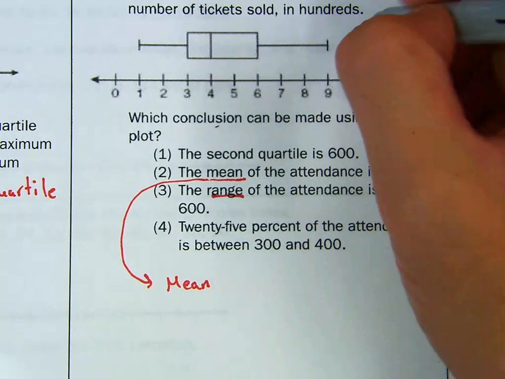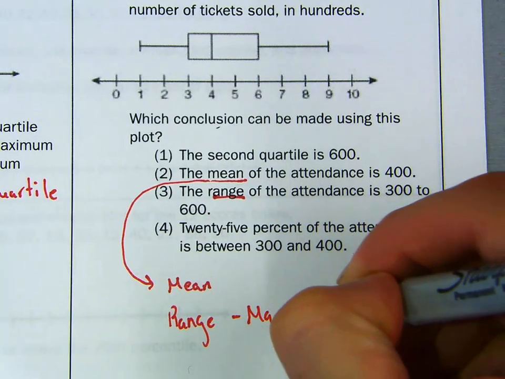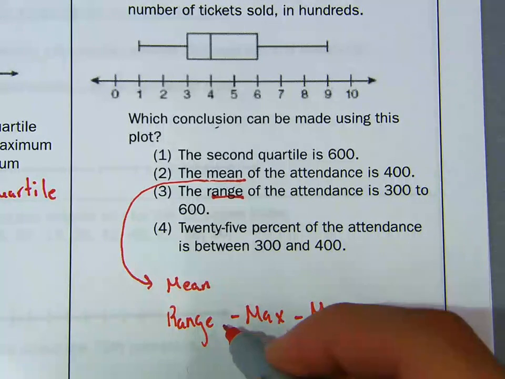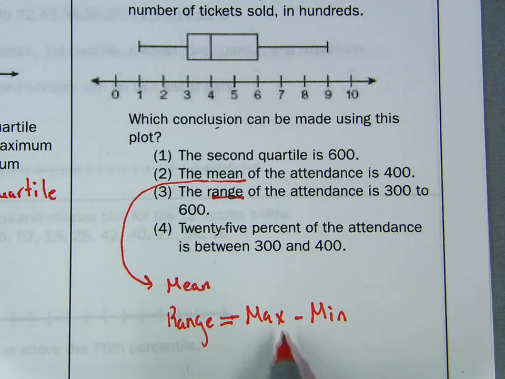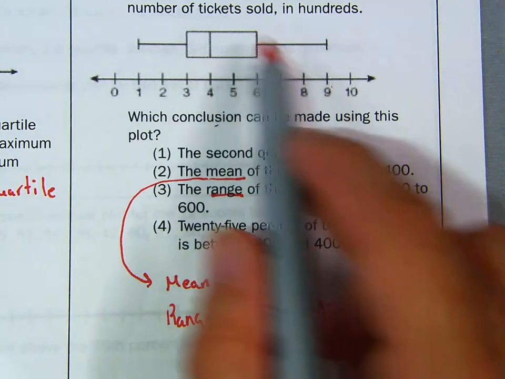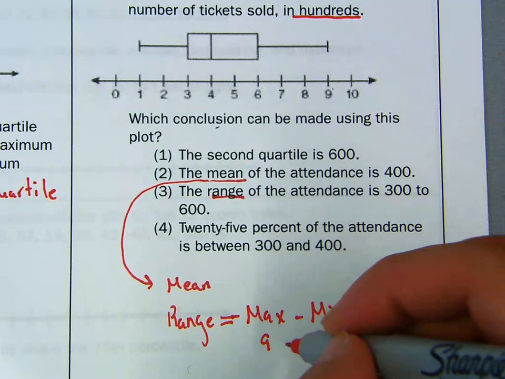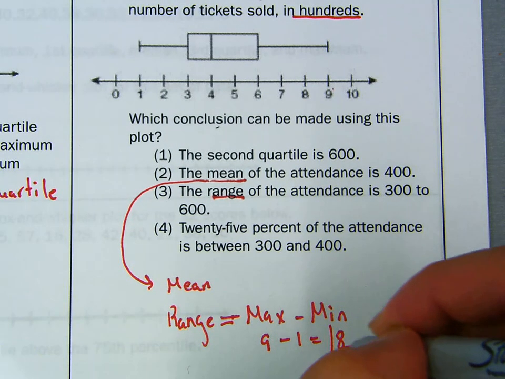Range would be max minus min. And what's my max value? It looks like it's 900, because the tickets are sold in hundreds. That's my max. This is my min, so it's 9 minus 1, so it's 8.